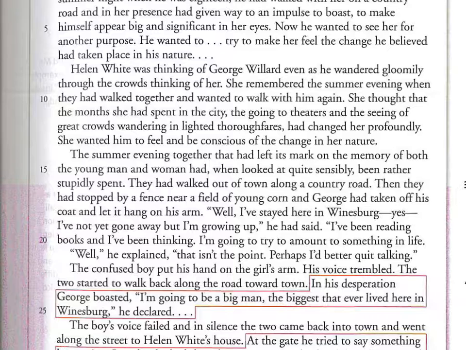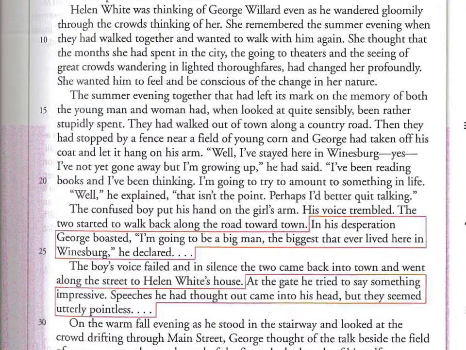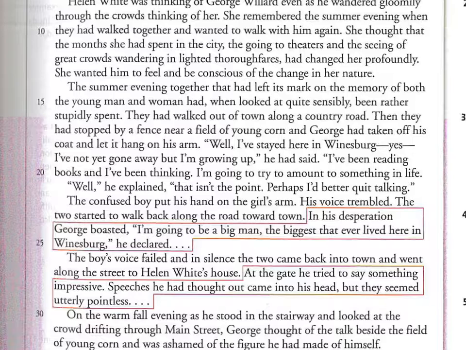The confused boy put his hand on the girl's arm. His lip trembled. The two started to walk back along the road toward town. In his desperation, George boasted, "I'm going to be a big man, the biggest that ever lived here in Winesburg," he declared. The boy's voice failed, and in silence the two came back into town and went along the street to Helen White's house.